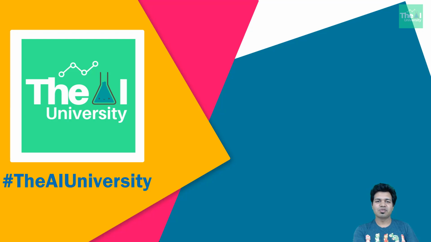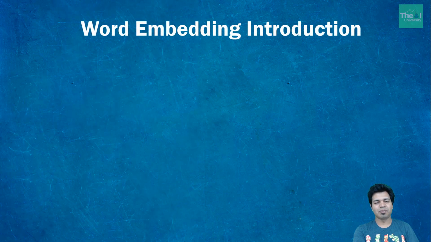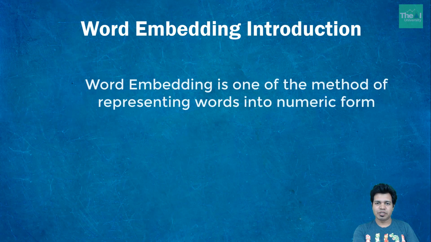Hello folks, in this video I'm going to cover word embeddings, which is one of the methods of representing words in numeric form. In the previous videos I have already covered the other two methods, one-hot encoding and TF-IDF, to represent words in numeric form.